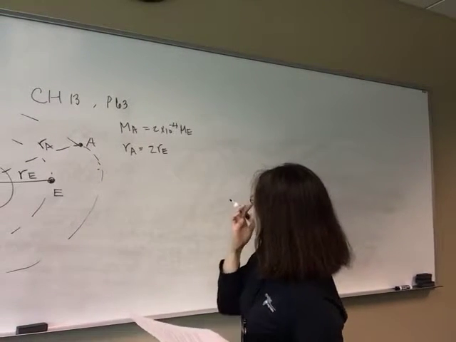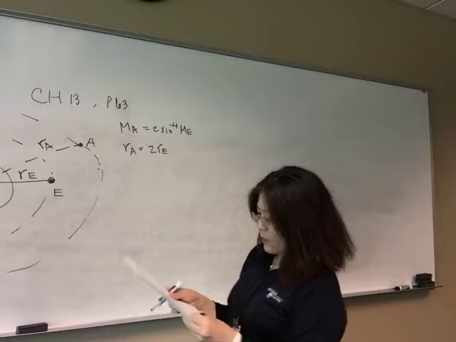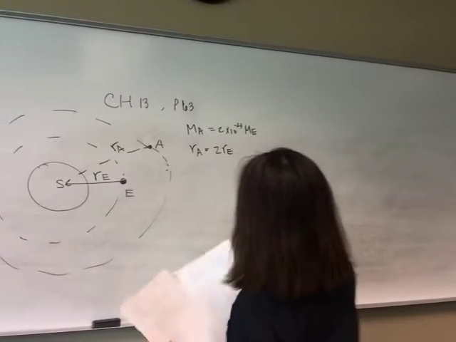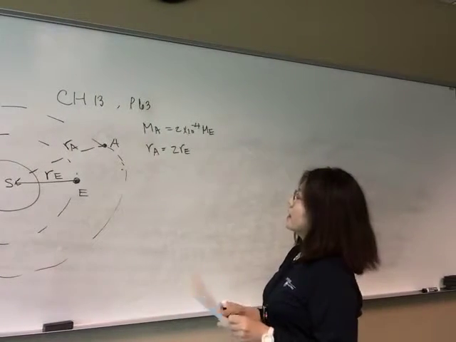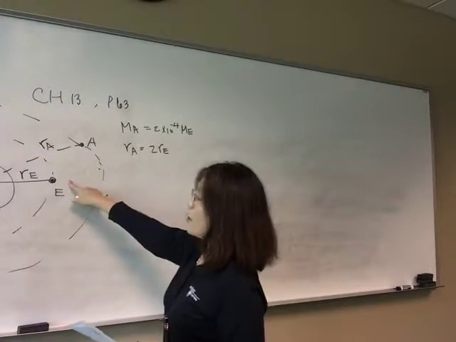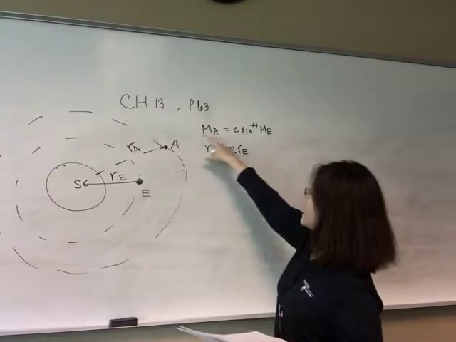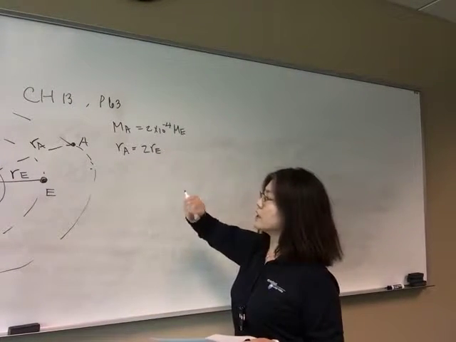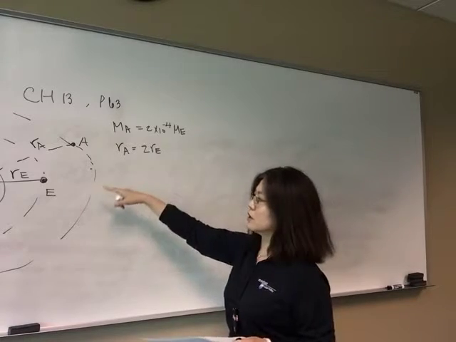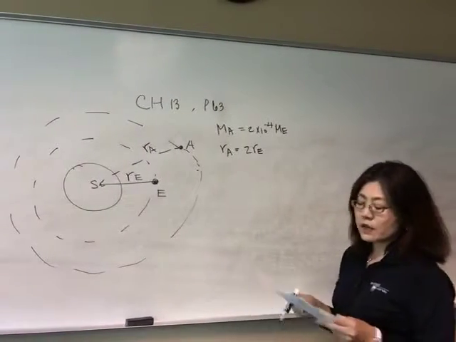Okay, so based on this information, how do we find the period of the revolution? We have the radius, and we know everything about the Earth, and the asteroid has everything in terms of the Earth, so we can actually find out the revolution of the asteroid in terms of Earth years. In other words, again, Kepler's law.